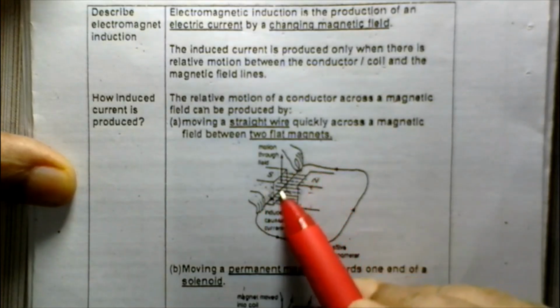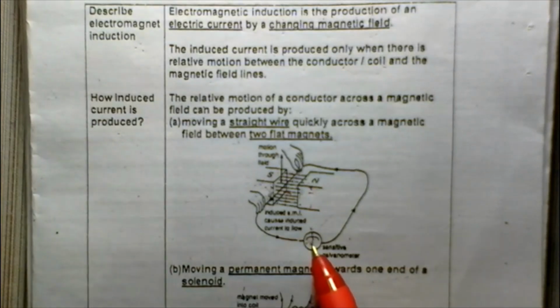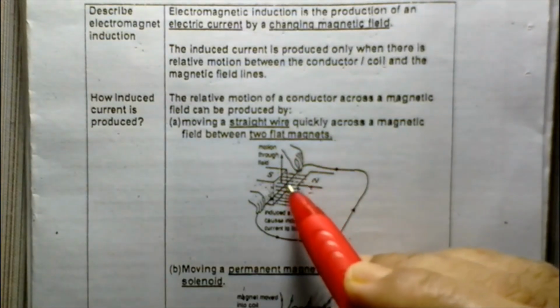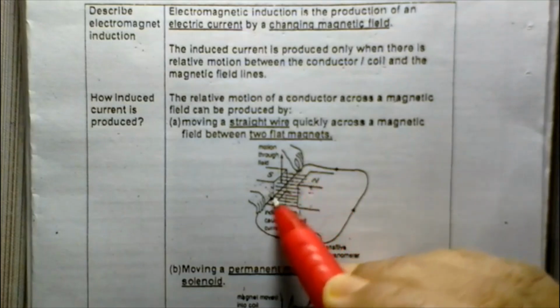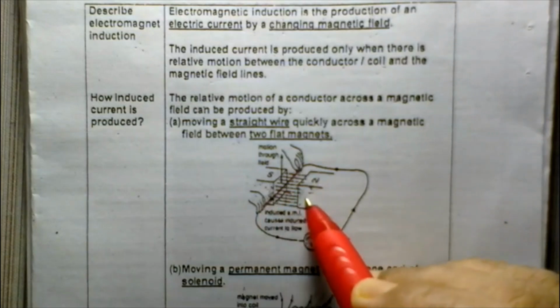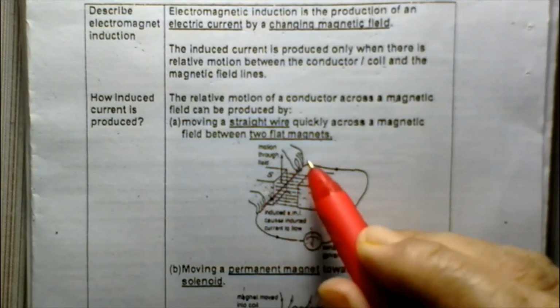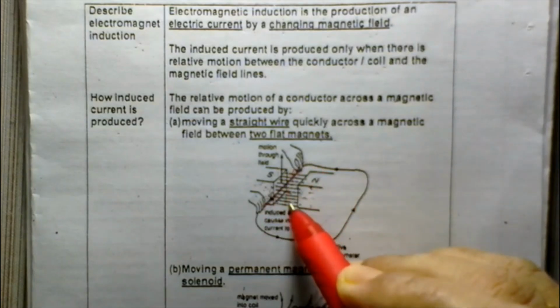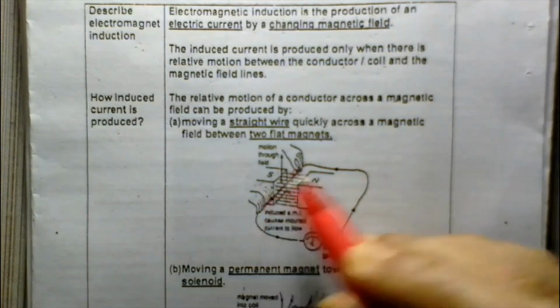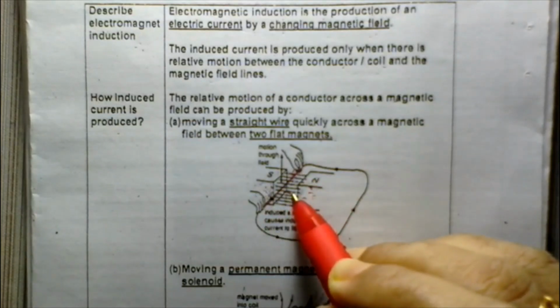And then we have a straight wire connected to a sensitive galvanometer. A galvanometer is used to detect current that flows in the wire. So what we do, we move the straight wire through the magnetic field lines of the permanent magnet. When the wire is moved through the magnetic field, the wire will cut the magnetic field lines of the permanent magnet.